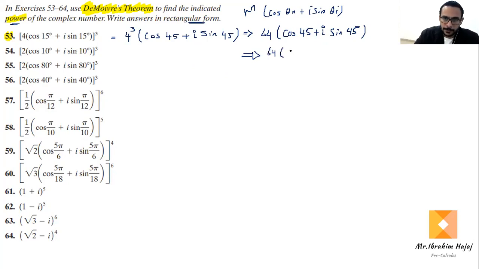So 32 square root of 2 plus I 32 square root of 2. Yes, this is the rectangular form of this complex number.